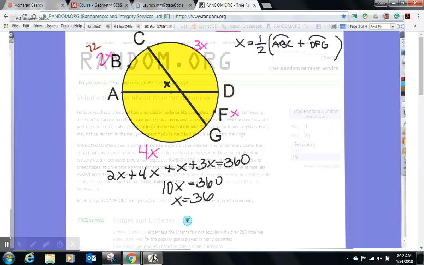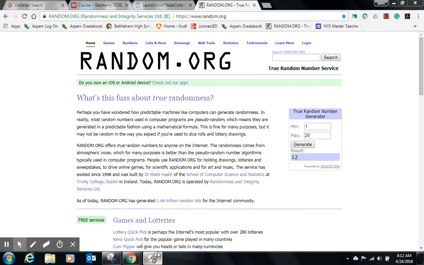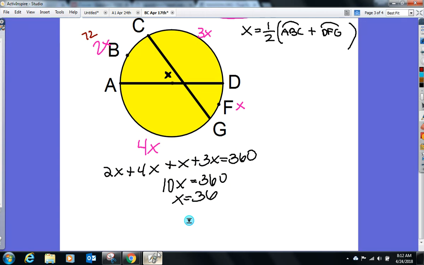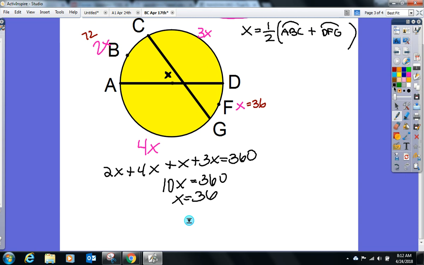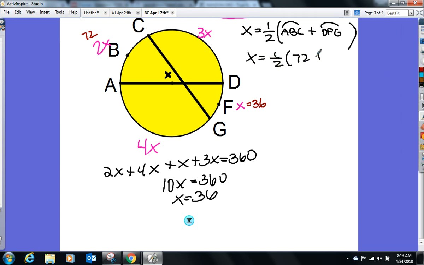Everyone all right? And what about DFG? 36. If you want to find the other two, that's fine, but we don't need them in this problem. So 1/2 of 72 and 36. We're taking 1/2 of 108, and that'll be 54 degrees for angle x.